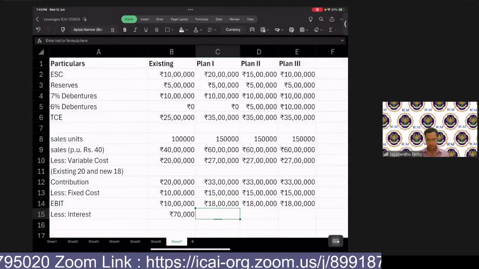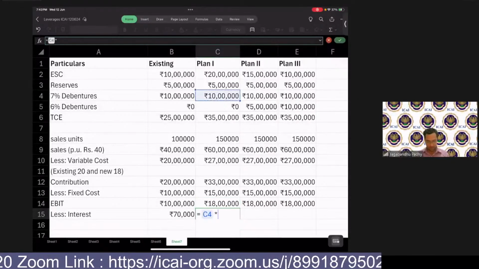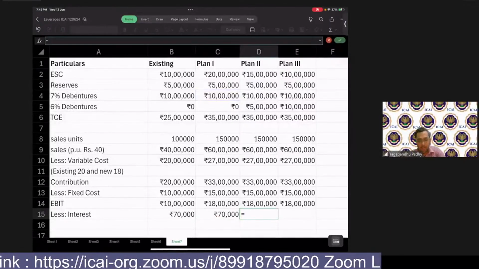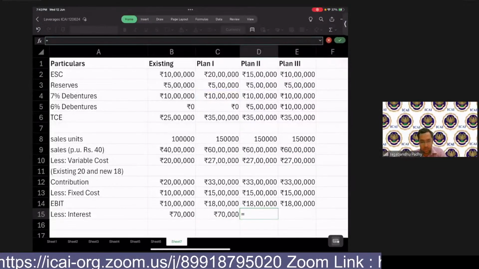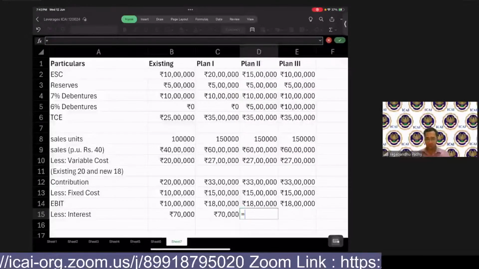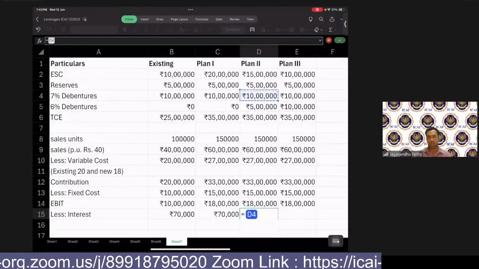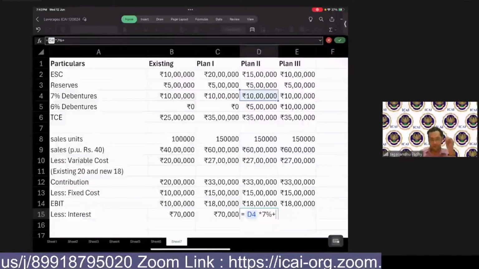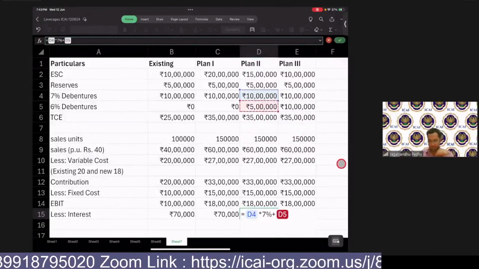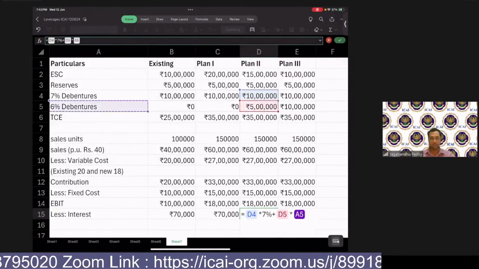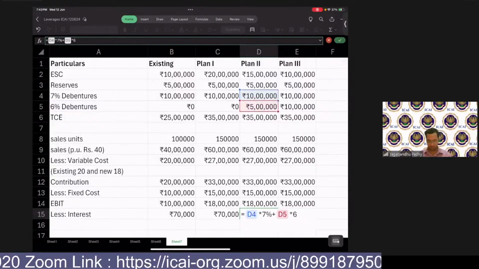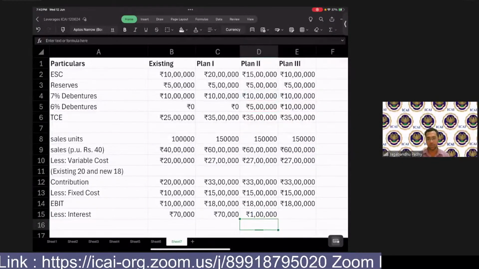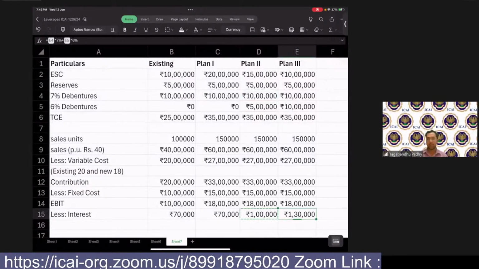We have got 10 lakh multiplied by 7%. But when you go to plan 2 and plan 3, you have some other type of debenture coming in, right? So I need to consider those debenture interests also. It's going to be 10 lakh multiplied by 7% plus 5 lakh multiplied by the rate, that gives us a total interest of 1 lakh. And for the last plan, it is 1 lakh.